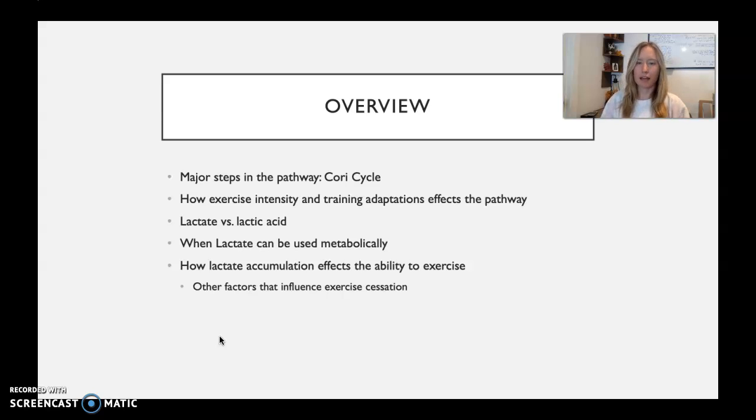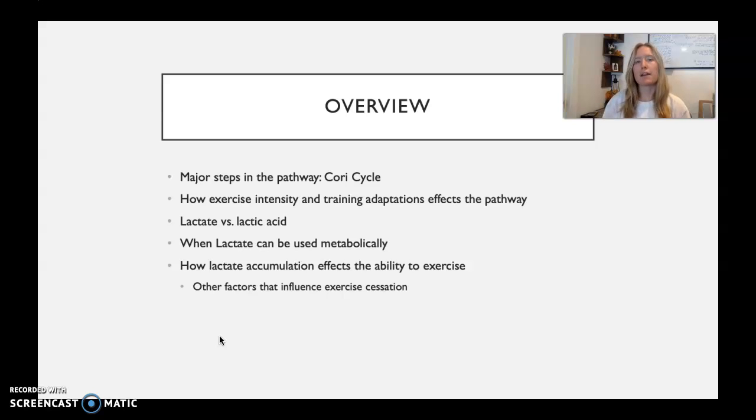We're going to look at how exercise intensity and training adaptations affect the Cori cycle and the pathway that uses the lactate. We're going to look at lactate compared to lactic acid and the difference in that, even though people a lot of times use them as being the same.